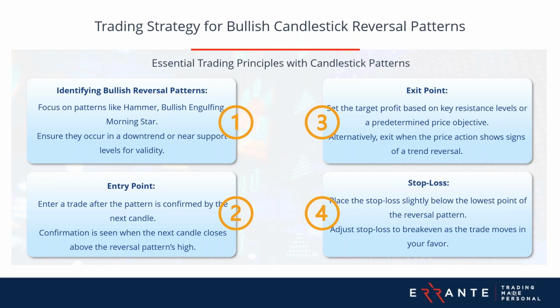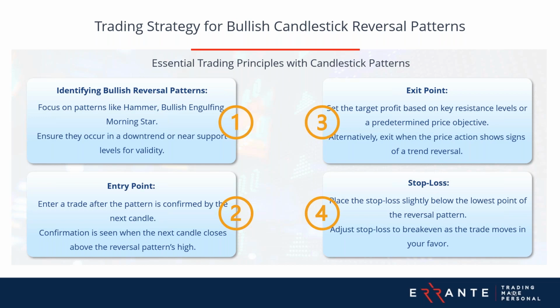It's crucial to observe these patterns in a downtrend or near key support levels, as this context enhances their reliability. So first of all, you need to find these bullish candlestick reversal patterns when you are in a downtrend.